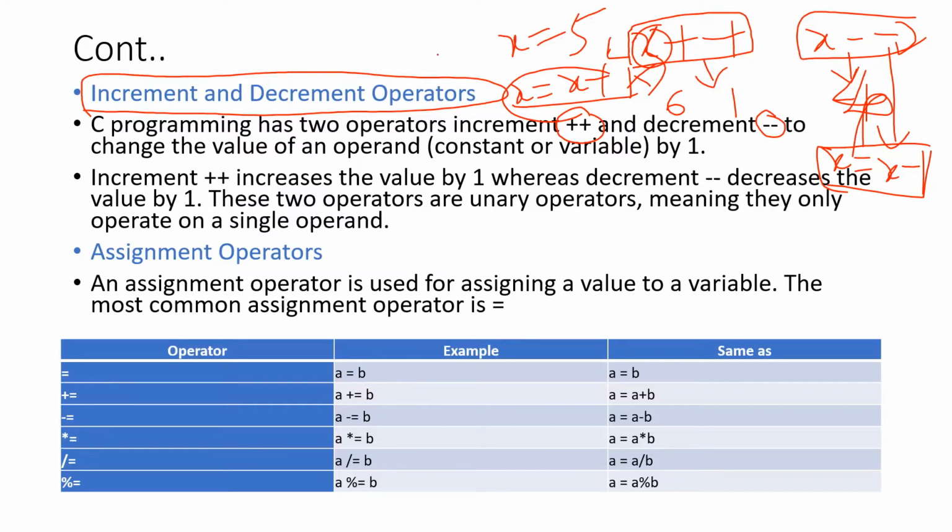Now we'll discuss what is meant by pre-increment and what is meant by post-increment. Both operators are represented with plus plus only, and pre-decrement or post-decrement is also represented with minus minus only. But you find some difference at the time of applying pre or post. So we'll go with a small example.